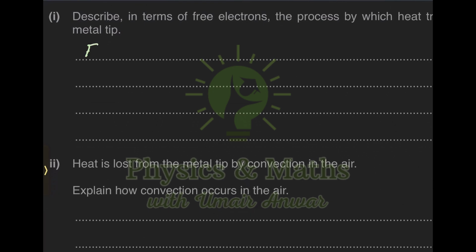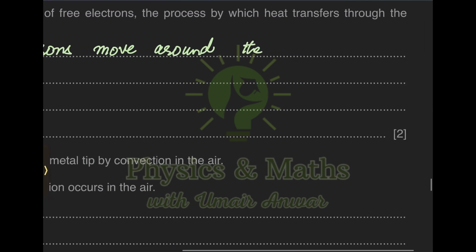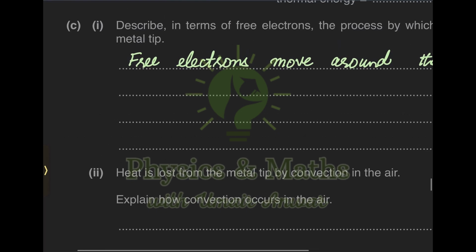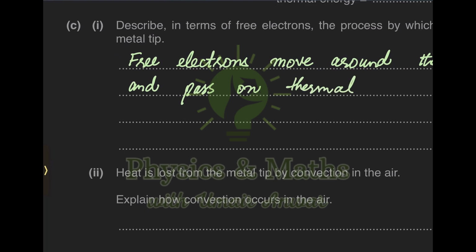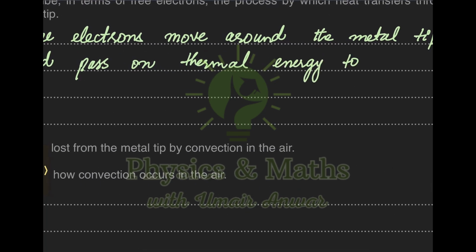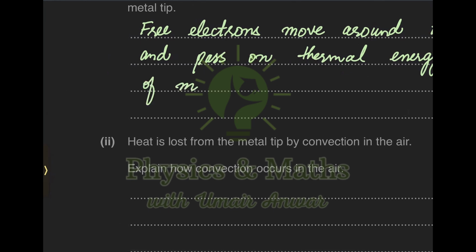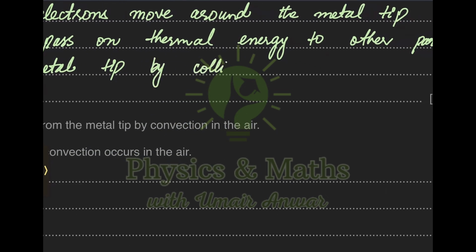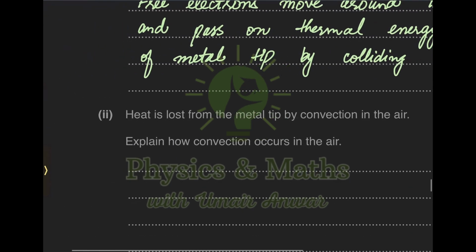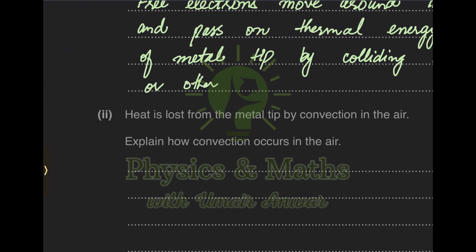So I'm writing: free electrons move around the metal tip and pass on thermal energy to other parts of the metal tip by colliding with the atoms or other electrons.